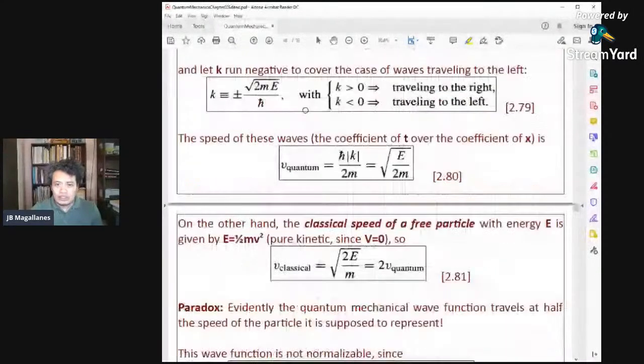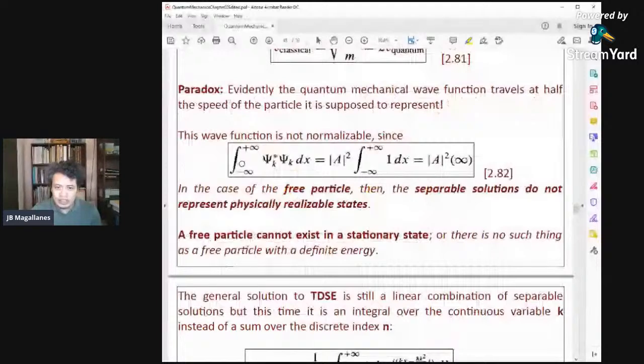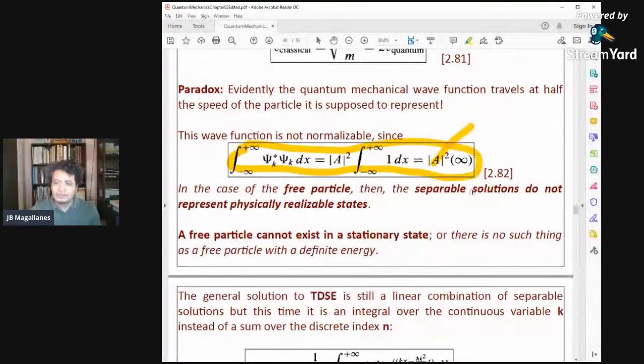The wave function here, if you try to normalize it to get the value of a, gives you an infinite integral. Therefore, a doesn't have a value. In this case, it's not normalizable.